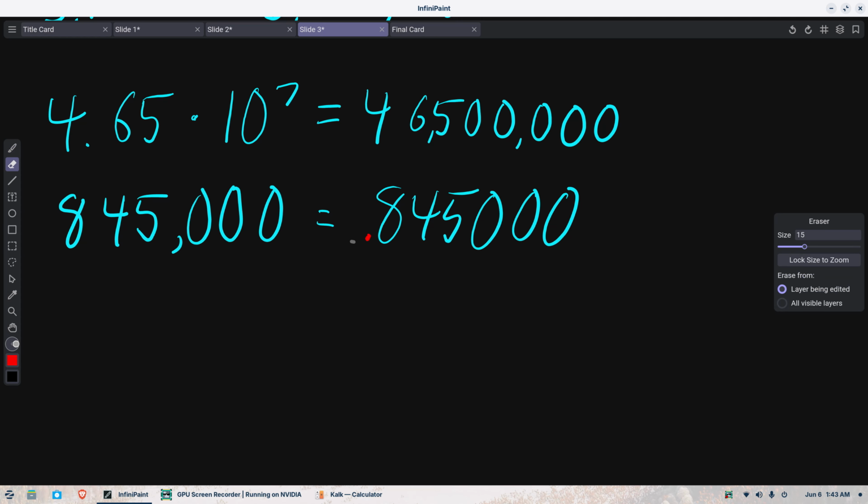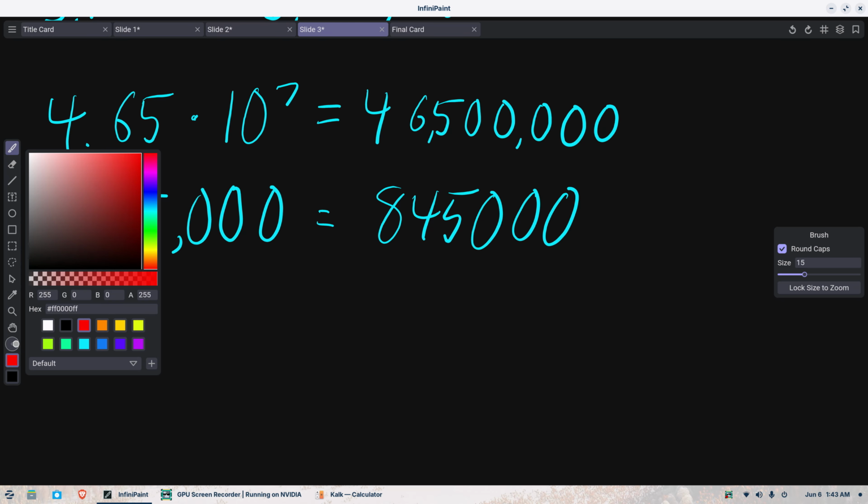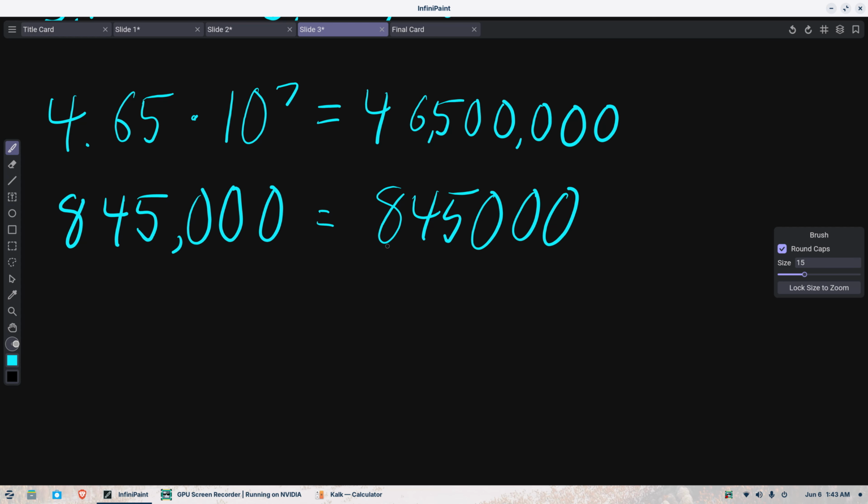It's very important that you place it in a way so that the coefficient that appears is greater than or equal to 1 but less than 10. So we have 8.45 here, ignoring the zeros, and this is less than 10, but it is also greater than 1.